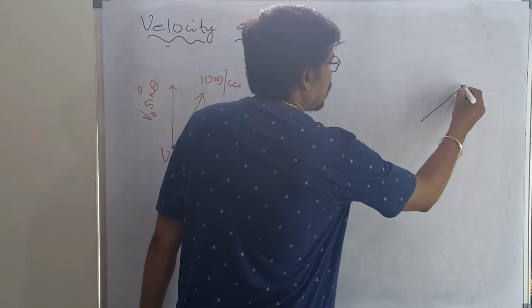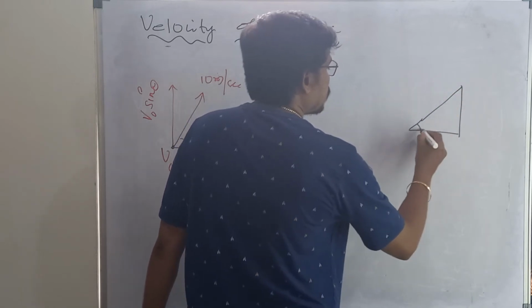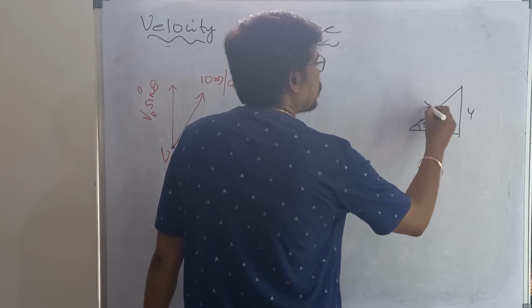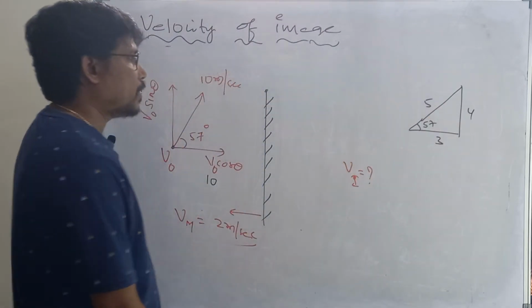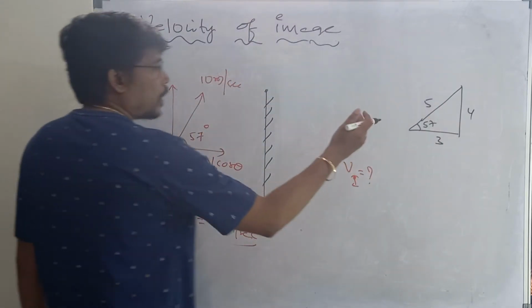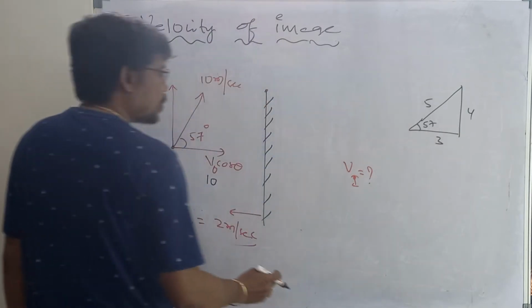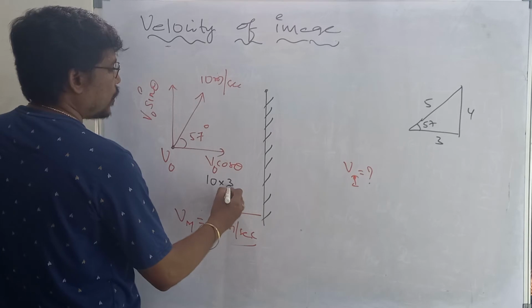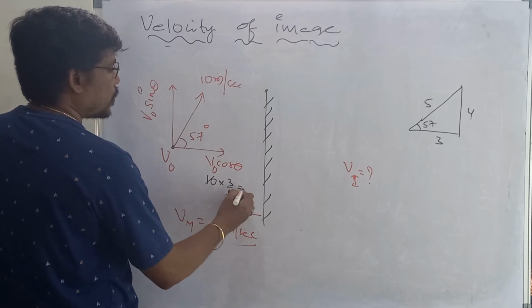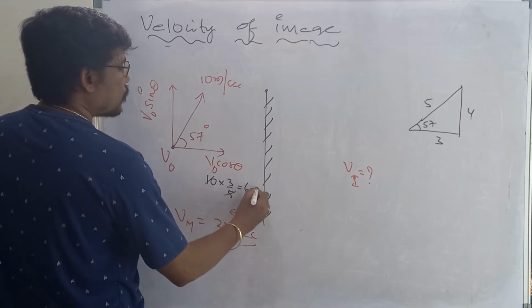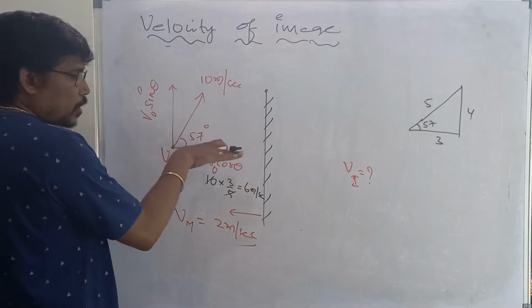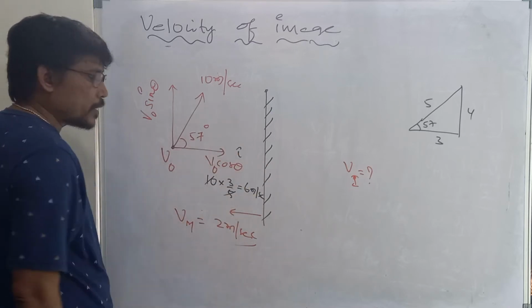As you know, students, for 57 degrees this is a 3, 4, 5 triangle triplet. So cos 57 means 3 by 5. So this is how much? 6 meter per second. So along the i component, the velocity is 6 meter per second.